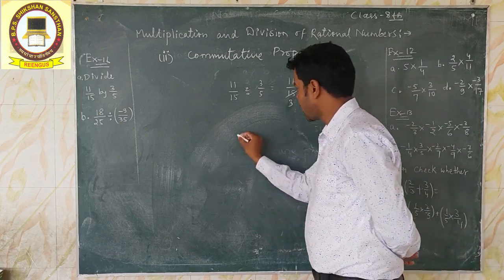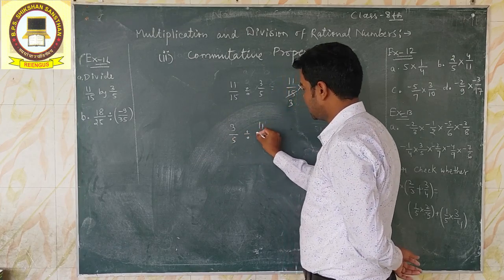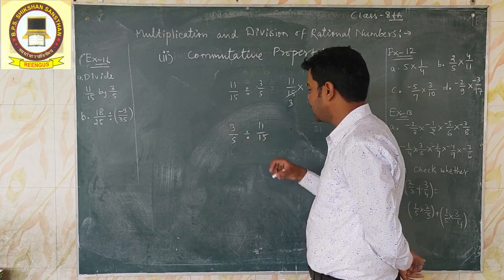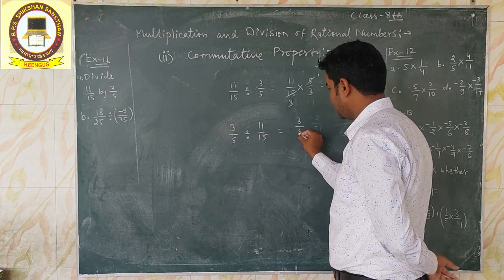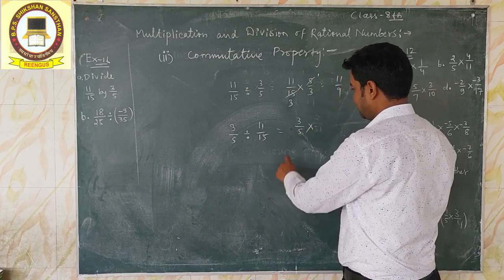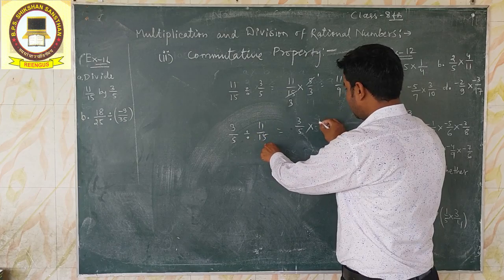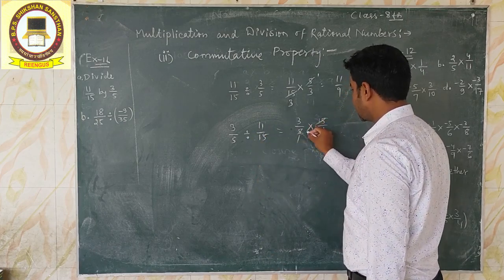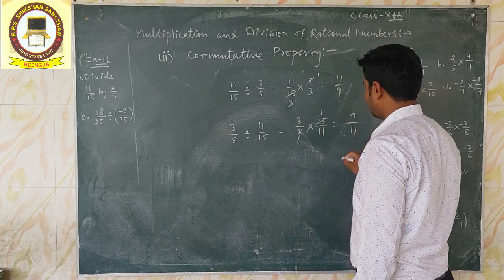Now what happens if we change the sequence? In this situation 3/5 is divided by 11/15. So we get 3/5 multiplied by the inverted number, 5/11. We can simplify it like this. So the answer becomes 9/11.